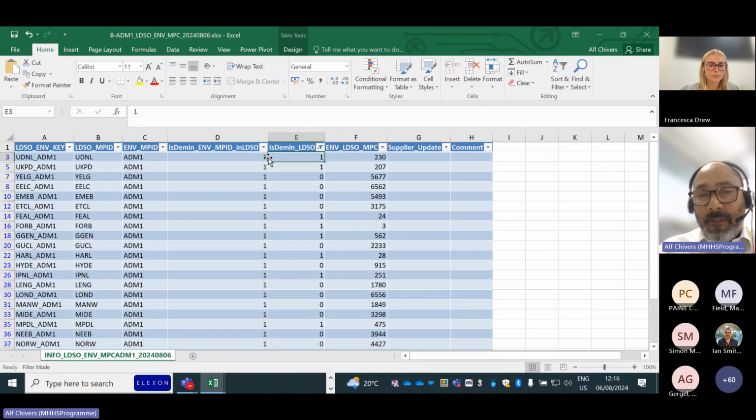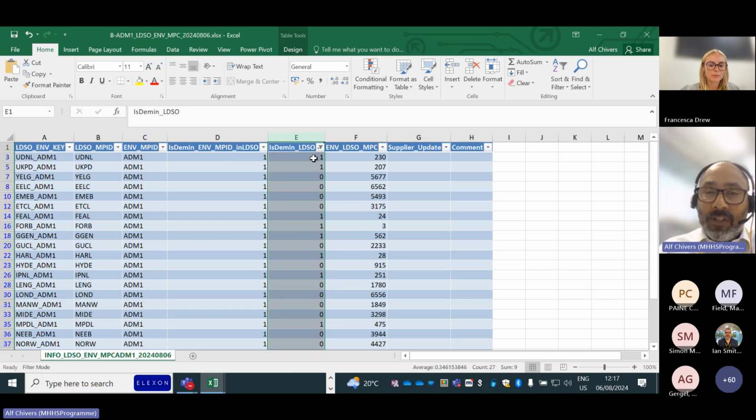The first one here is, as Ian described, whether this is a de minimis portfolio within this LDSO. So therefore the number of meter points within this LDSO is less than 35,000 trading, and that would be flagged as true.